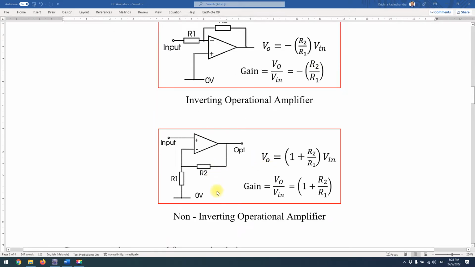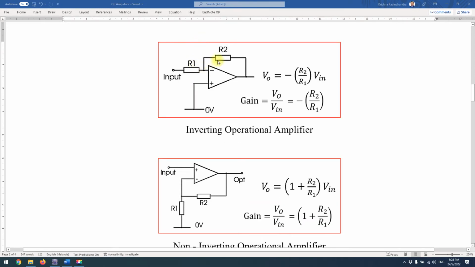Now for the non-inverting circuit, the connections of your resistance, which were connected to pin 2, are now going to be connected to pin 3. Sorry, it still remains; just that your input is now connected to pin 3.